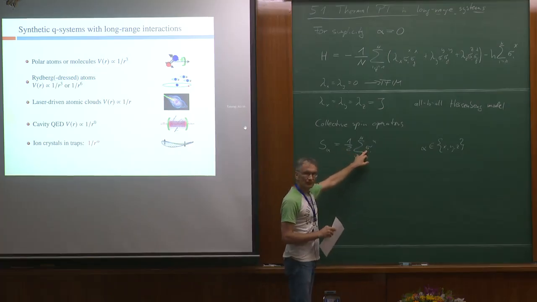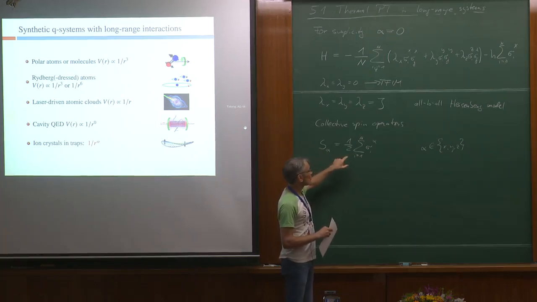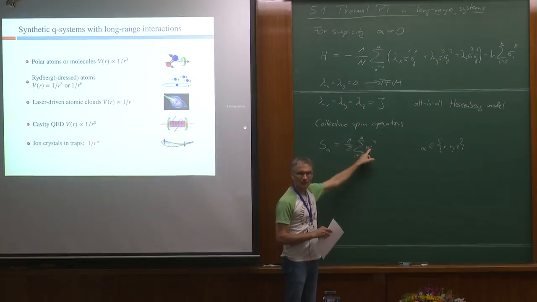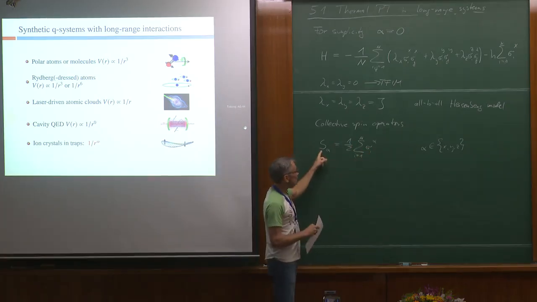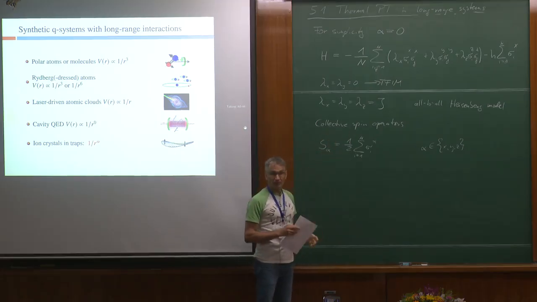Because the sigmas are different, I want these to have spin operator properties, and for a spin 1/2 operator, you will also have the 1/2 factor in front of the Pauli matrix. So I just keep this so that these really deserve their name as collective spin operators.